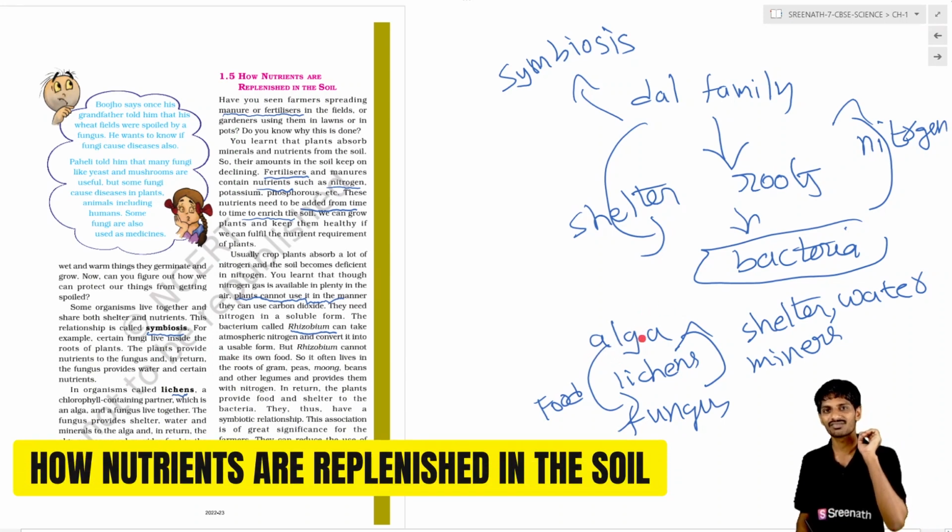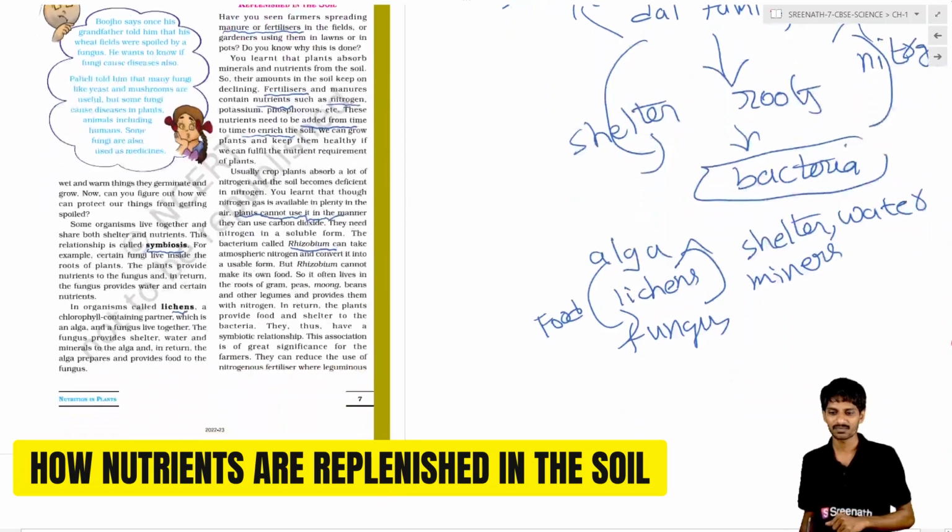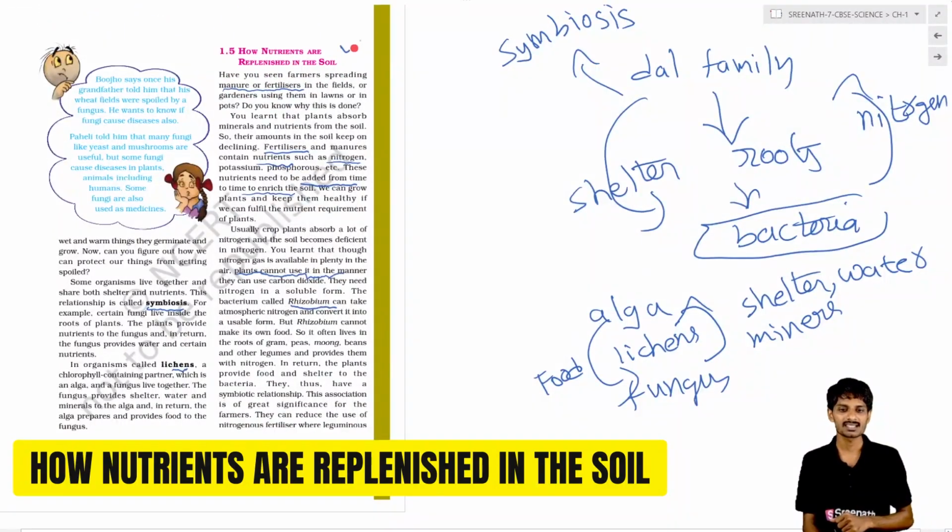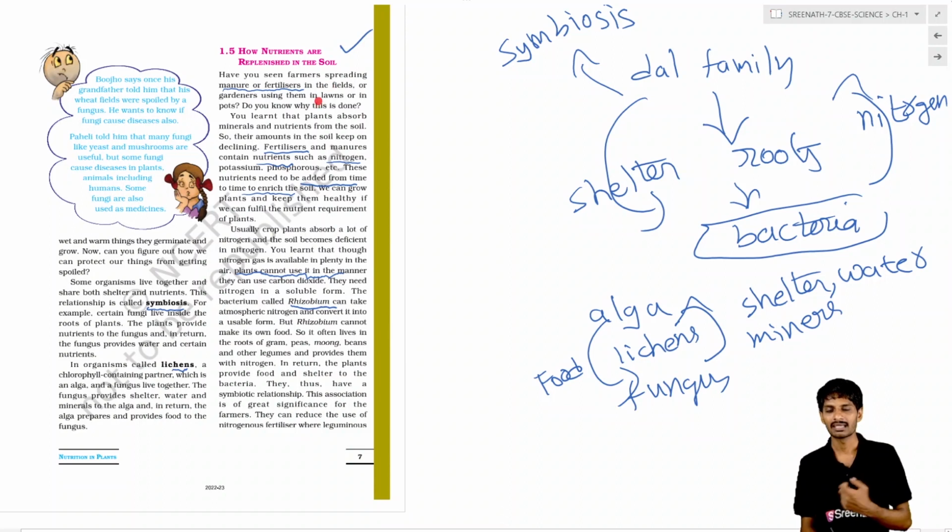Now we are going to the fifth topic. The fifth topic is how nutrients are replenished in the soil. Basically, plants are absorbing water and minerals from the soil. Some bacteria are converting gaseous nitrogen into usable form, and releasing it into the soil.